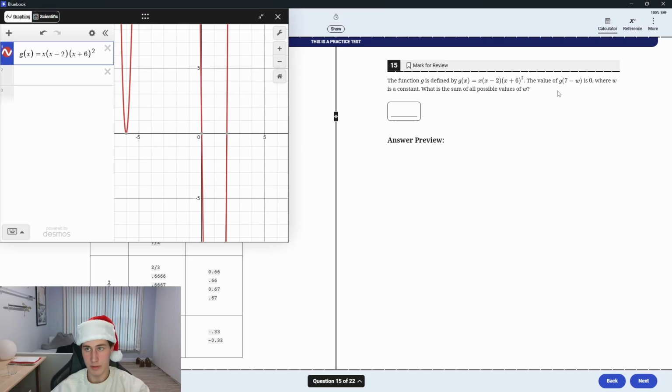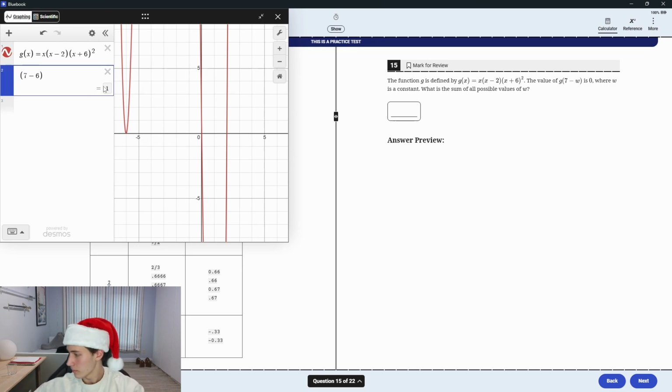So we have the value of g times 7 minus w. So the value of this is 0. So essentially what this is saying is the value of g times 7 minus w is 0, where w is a constant.